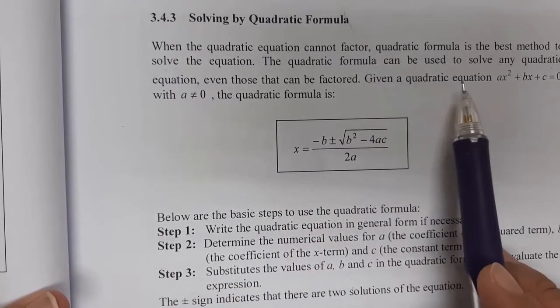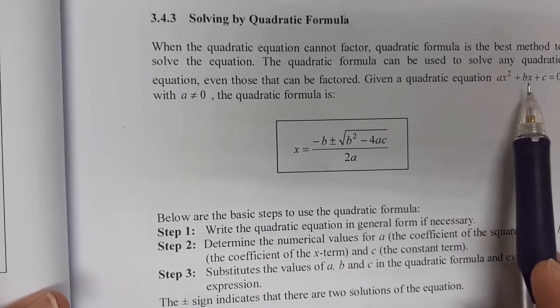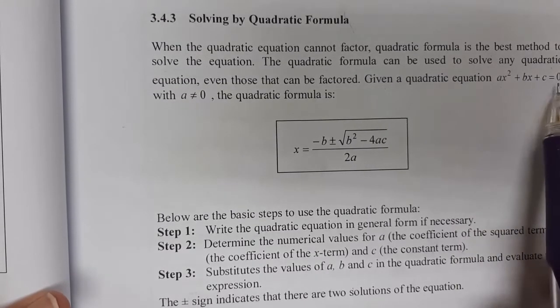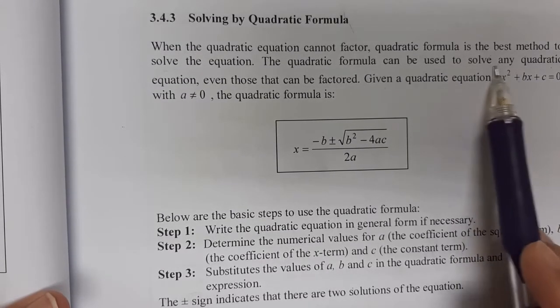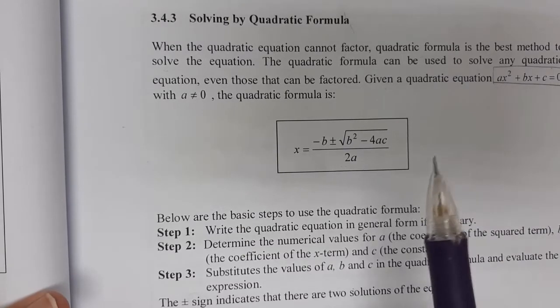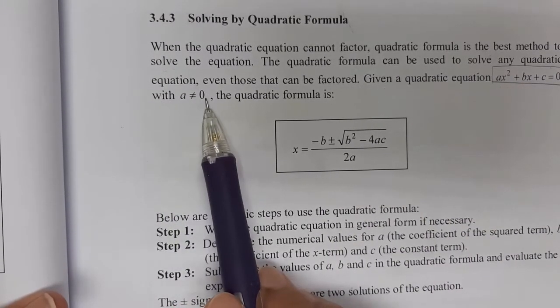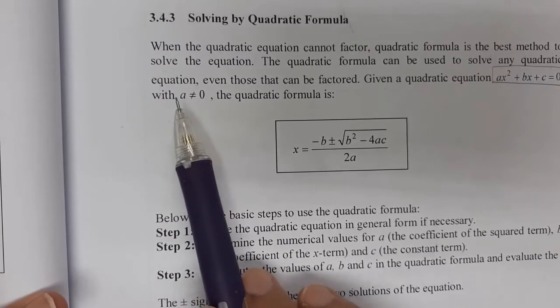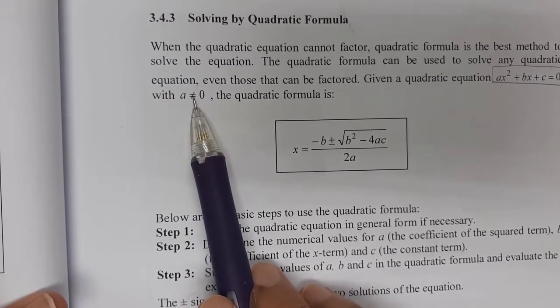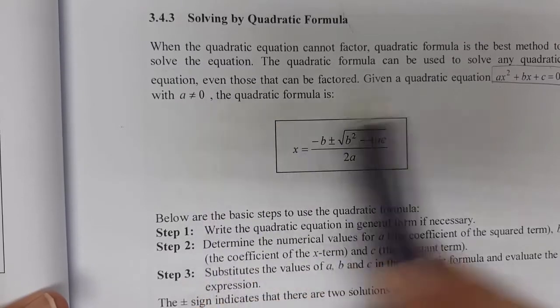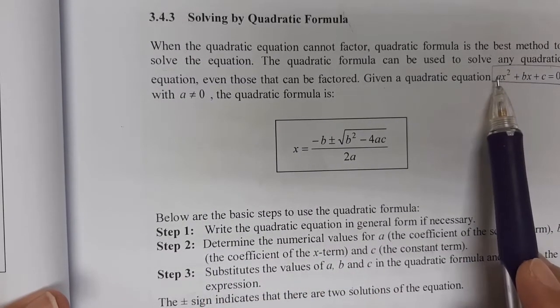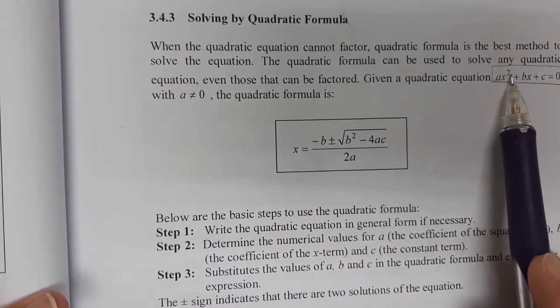Okay, given a quadratic equation, ax square plus bx plus c equals 0. So, katakanlah ini adalah kita punya quadratic equation with A must not equal 0. Okay, kena ingat A tak boleh sama dengan kosong. Kenapa A tak boleh sama dengan kosong? Sebab A adalah koefisien untuk X square.